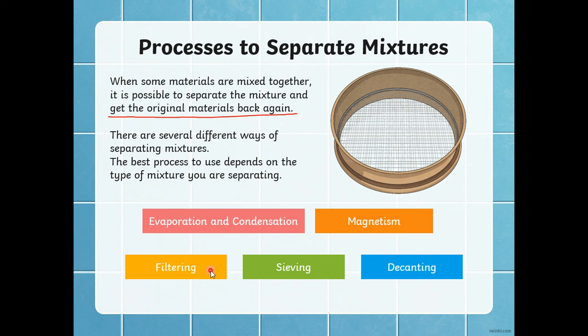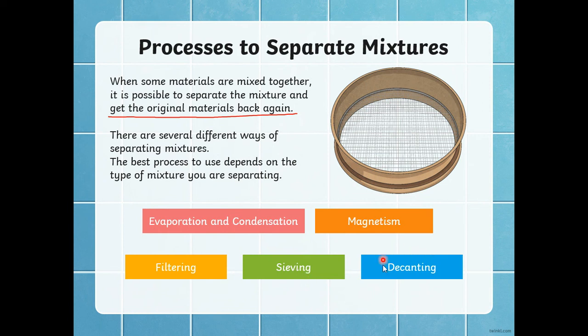Once you pour it through the funnel with the filtering paper inside, the solids are going to be trapped in the filtering paper and the liquid is going to pass through. Then sieving is going to be used when you have different size solids. So like raisins and flour, the flour is going to go straight through the sieve, but the raisins are going to be caught in there.